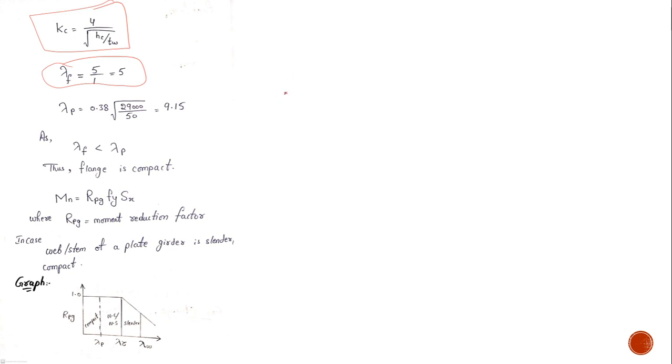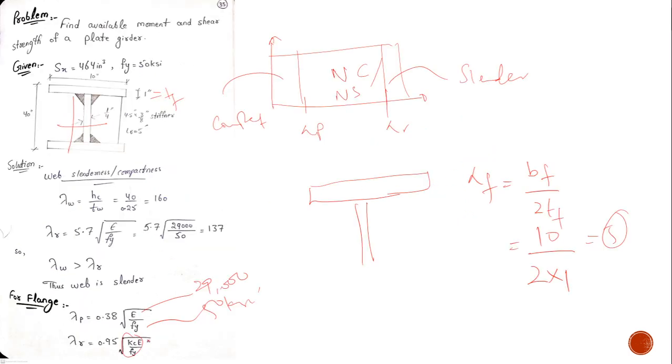If you look here, this is your lambda r and this is your lambda p. You have found out that your lambda p value is 9.15. If you compute lambda r, it would be much greater than 9.15. You can compute it from here.